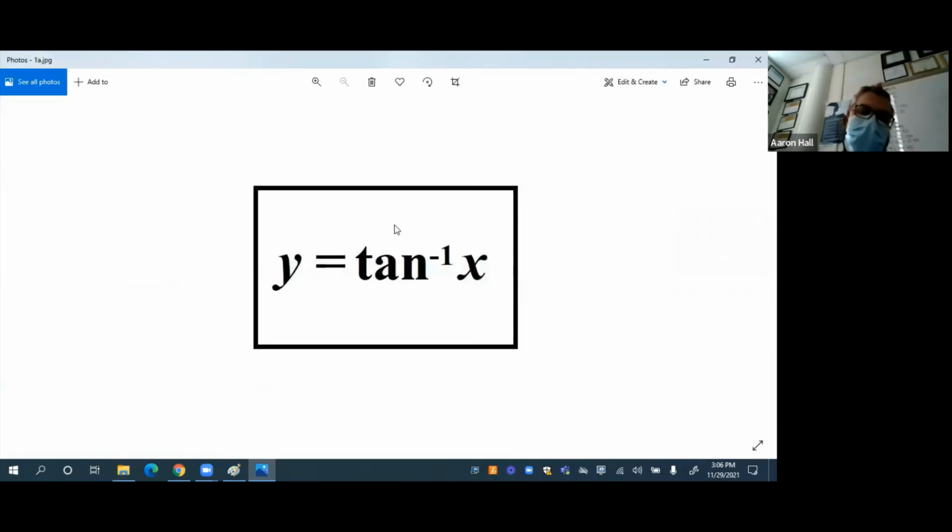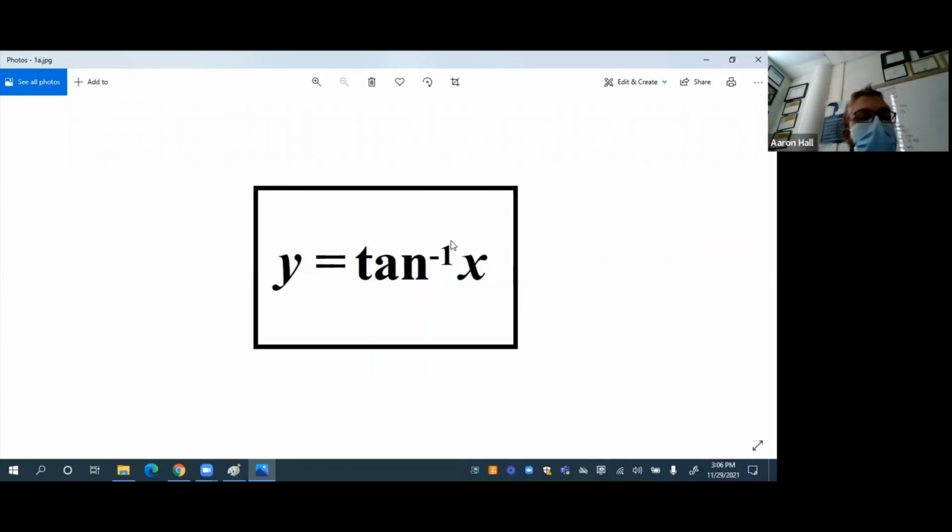Great. So we have the inverse. I'm trying to find the derivative of the inverse of tangent. What is it? Is it going to be negative or positive? Positive, because it's not a cofunction. Good. It's going to be positive.